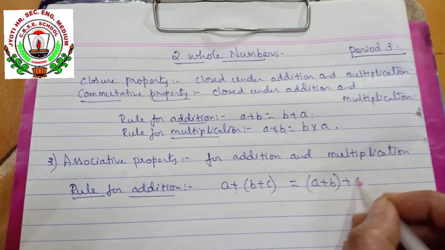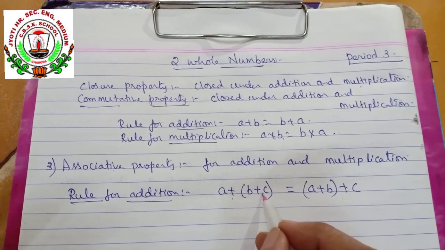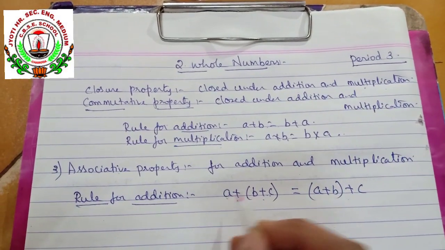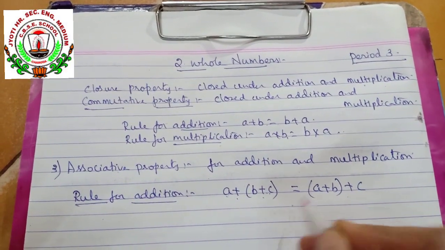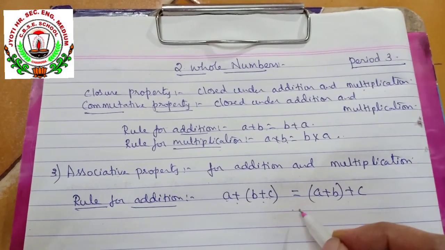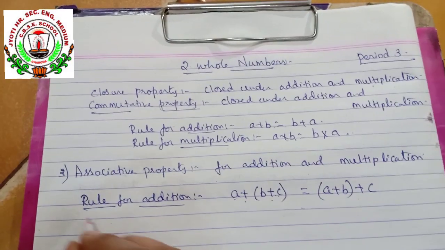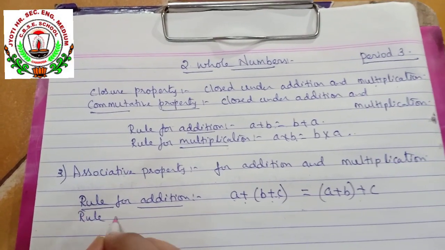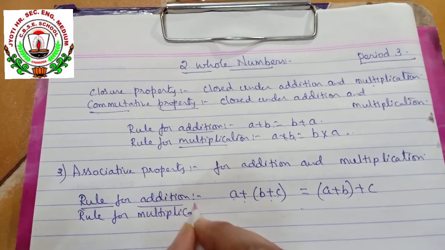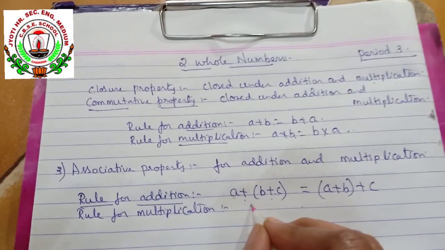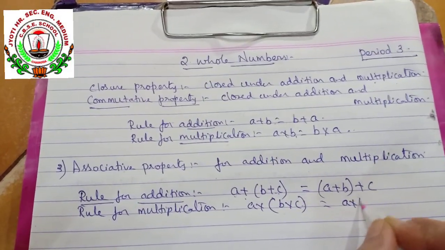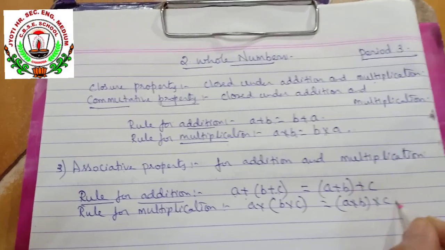b plus c. It means when we add two numbers and add the sum to the third number, the answer is the same as when we interchange the numbers of the addition, and we get the same solution. That is the rule for addition. The rule for multiplication is a into b into c is equal to a into b into c.